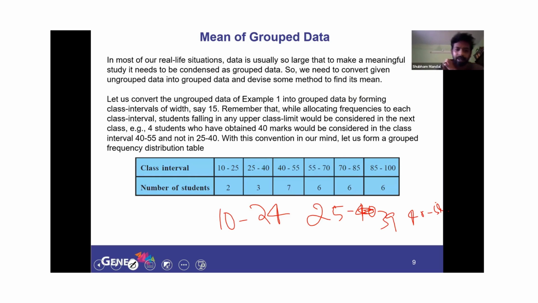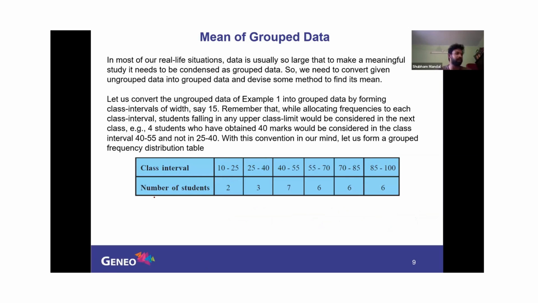The 25 you're not considering in the first class, it's in the next class. So once you convert the ungrouped data into grouped data, every 15 marks is one group.